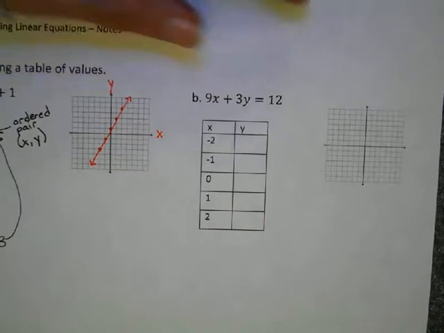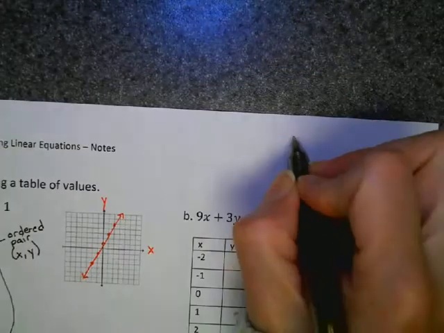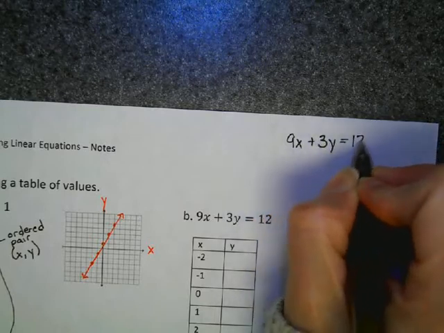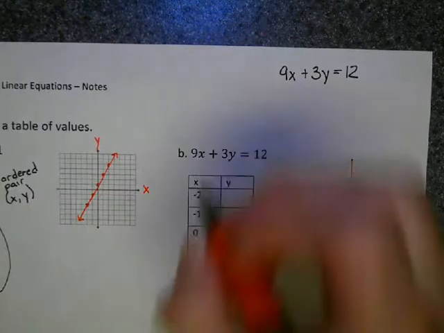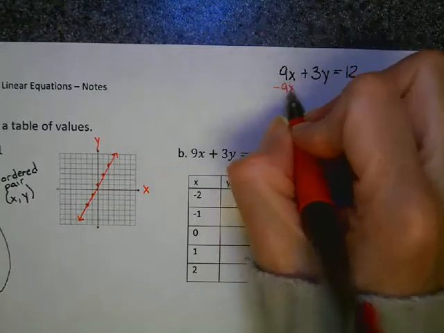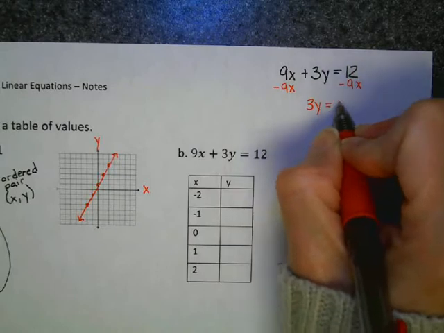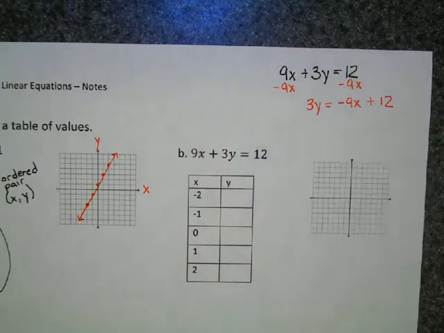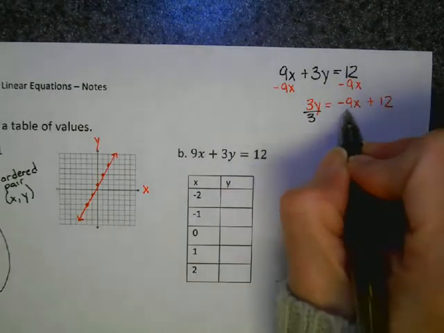So let's take this problem here, and I'm going to work it out up here at the top. If you were going to get y by itself, you would want to move the x first. And then you divide by the number in front of the y.